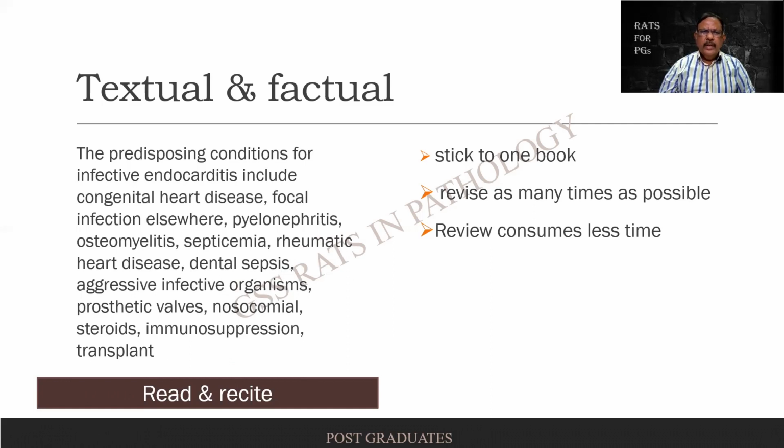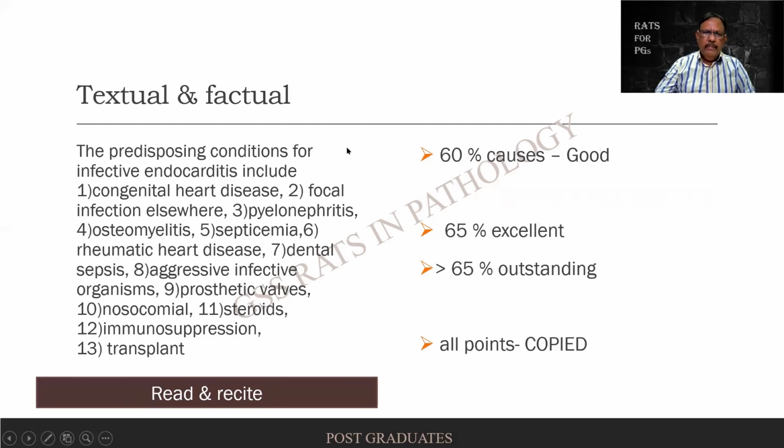The predisposing conditions for infective endocarditis include, and there is a list of things. Obviously, I don't think Robbins or anybody will be numbering it and giving it to you. But as a student, your first responsibility should be this. The same thing, and I have numbered it, and there are so many predisposing conditions.